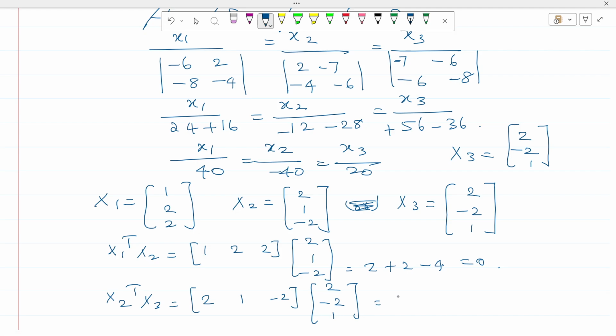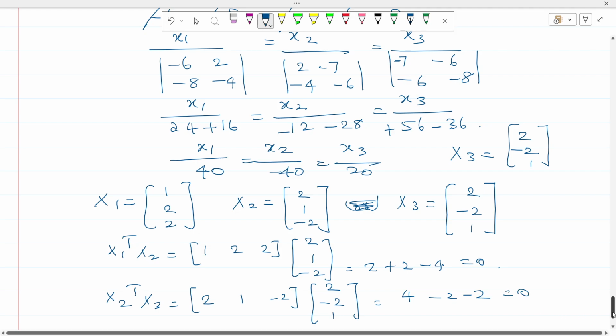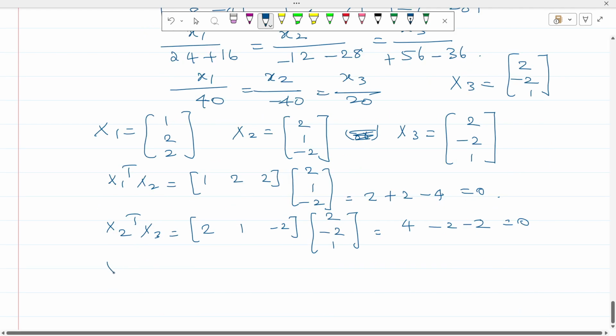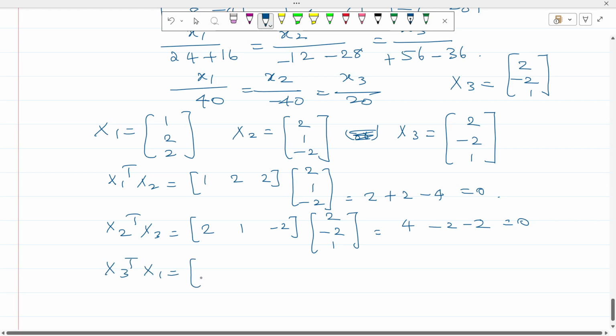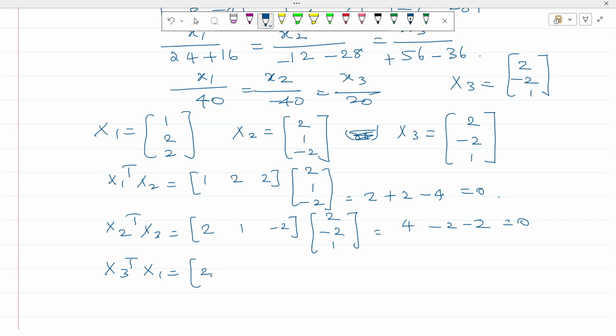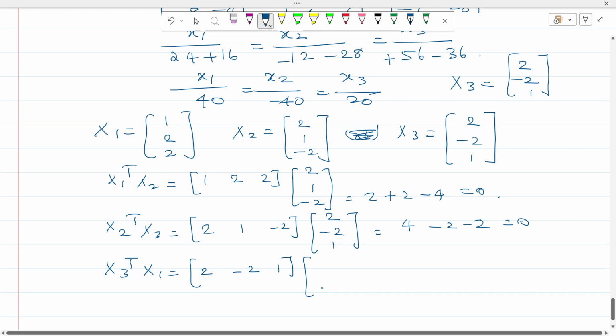So that means 2 into 2 is 4, minus 2, minus 2, 0. Last one, x3 transpose x1: x3 is 2 minus 2 1, x1 is 1 2 2.